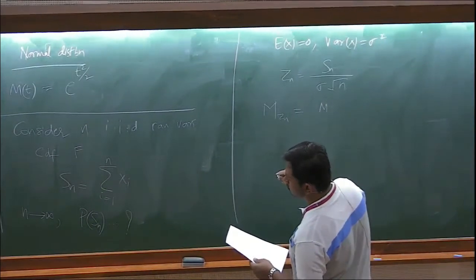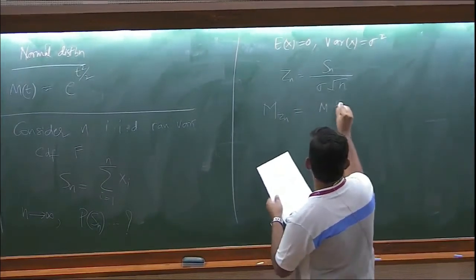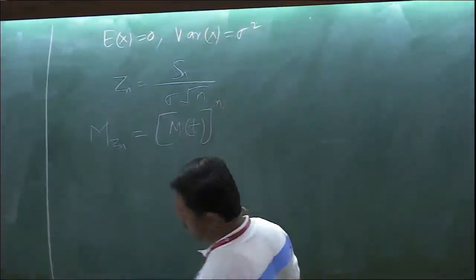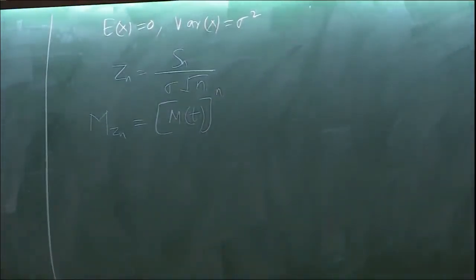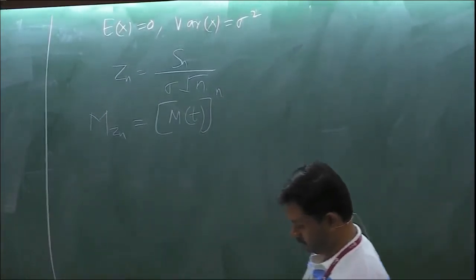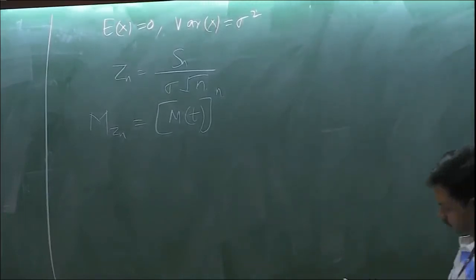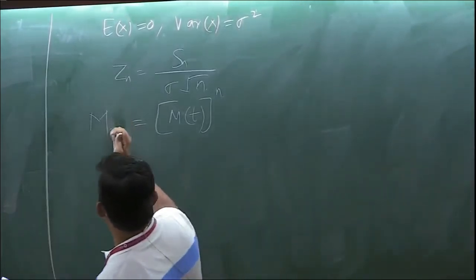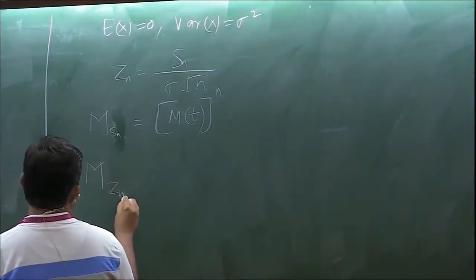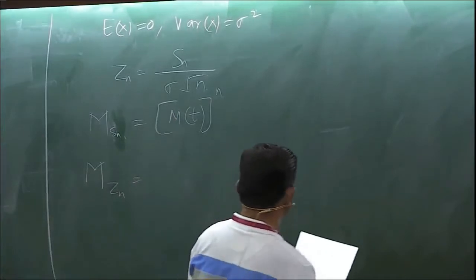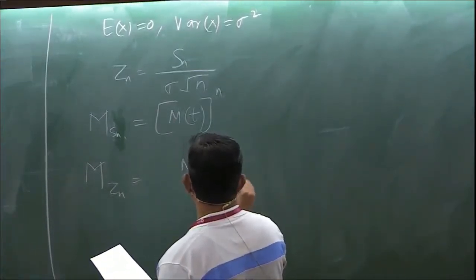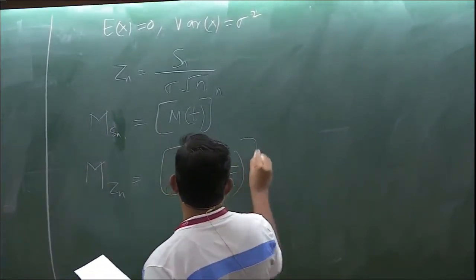So it will be the moment generating function of the n variables multiplied with each other. This is Sn, not Zn. So if you scale this now by sigma root n, that will just be the moment generating function at t by sigma root n, whole thing raised to power n.